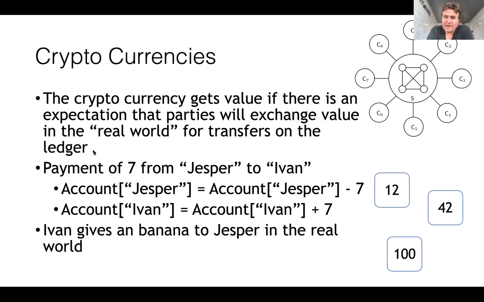So let's say if I transfer 7 of these cryptocurrencies to Ivan, he would be willing to give me a banana. Then we get an expectation of, it looks like if I transfer people Bitcoin, they're willing to give me real world stuff in return. And then a cryptocurrency could attain value. This is what happened with Bitcoin, for example.